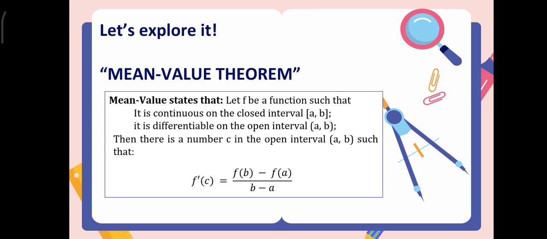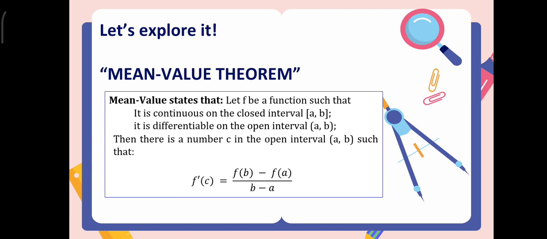Then there is a number c in the open interval a, b such that f prime of c is equal to f of b minus f of a all over b minus a.